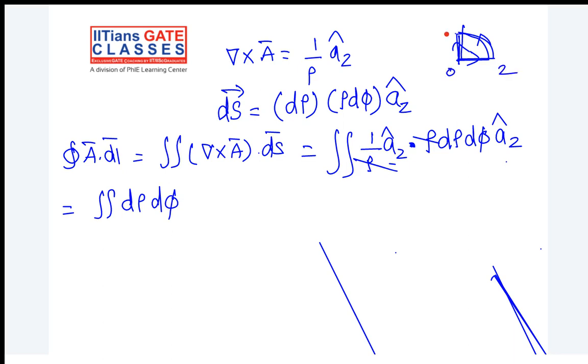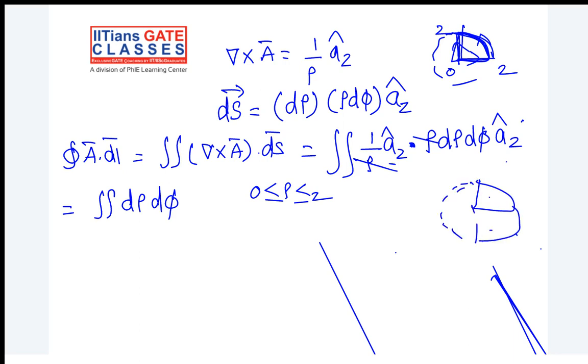Why is it 0 to pi by 2? Because if you read the question, it represents 1/4 of the complete circle, right? Whatever portion I have written here is exactly 1/4. If you divide into 4 portions, it represents only 1/4 of that. A complete circle has 2 pi radians, so since it is 1/4 of the circle, phi ranges from 0 to pi by 2.